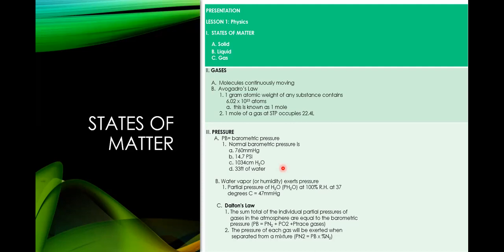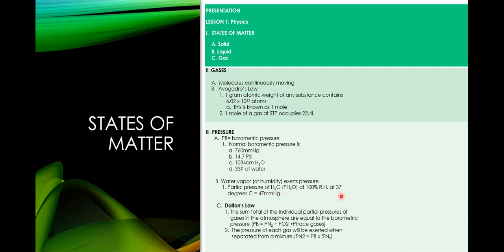That's all they're saying. Is how much? Pressure of water is what? 47 millimeters of mercury. That is the normal pressure of water inside the alveoli, inside the lungs, okay? Water vapor pushes its own pressure. So you take that into consideration when you're doing these formulas, okay?